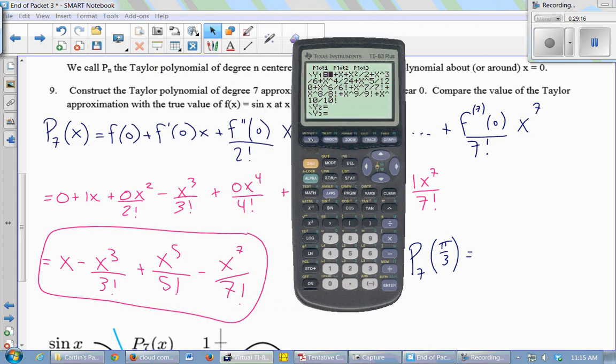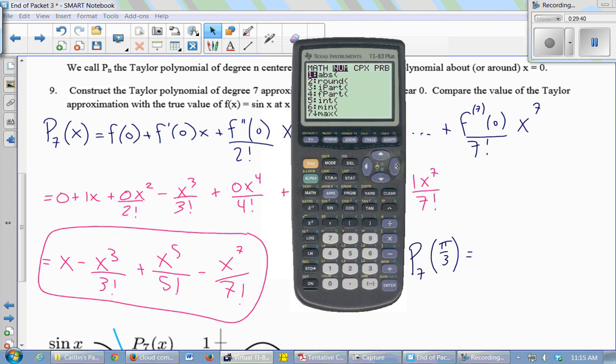All right, so I'm going to plug a pi over 3 into this polynomial. So maybe I'll just put that in like y2. So I'm going to have x minus x cubed over 6 plus x to the 5th over 120 minus x to the 7th divided by 7 factorial.